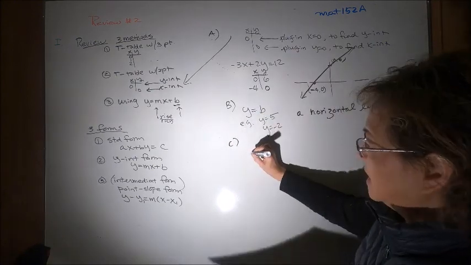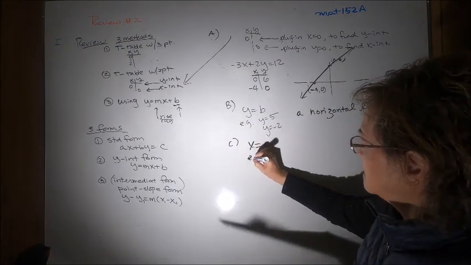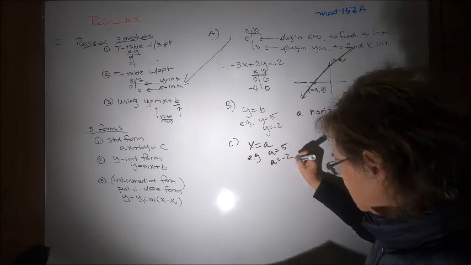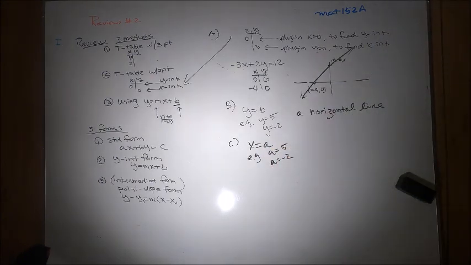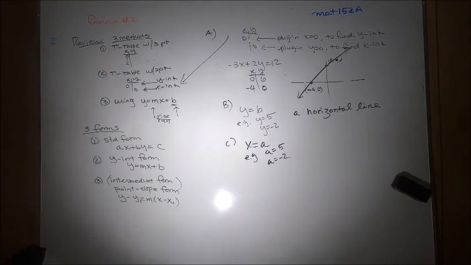Then if it has x equals a, what does that mean? A is like 5 or a is negative 2. You don't have y, and it means y is running free, can be any number, and y is going up and down, right?